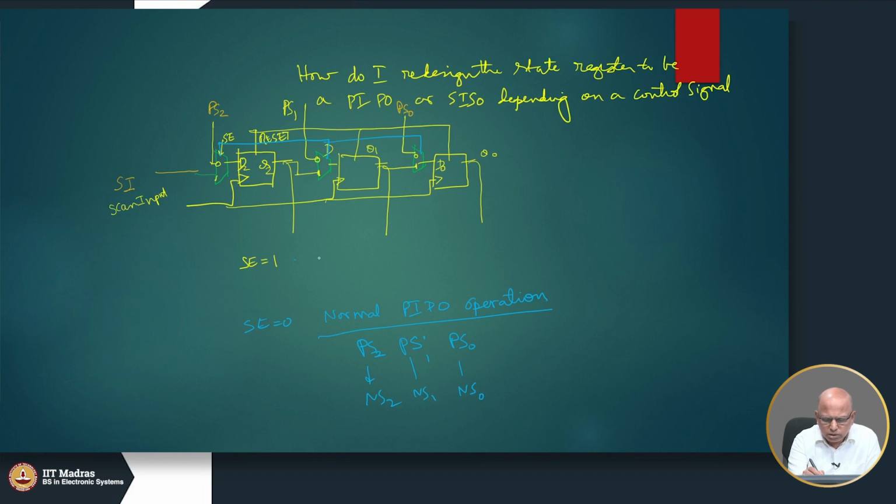When SE equal to 1, we call it a shift operation. Some people will also say scan operation.